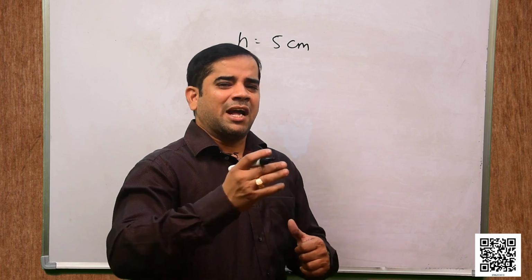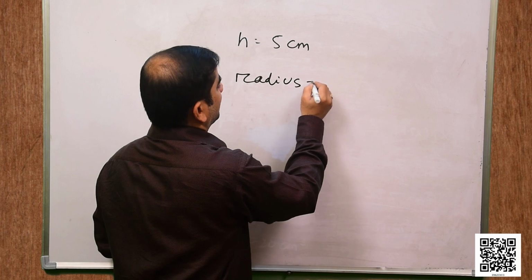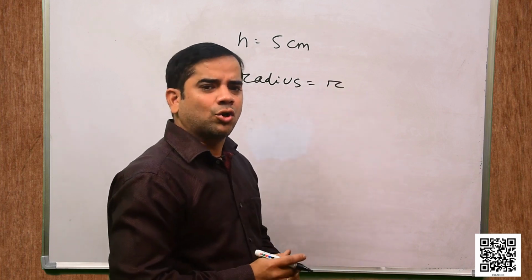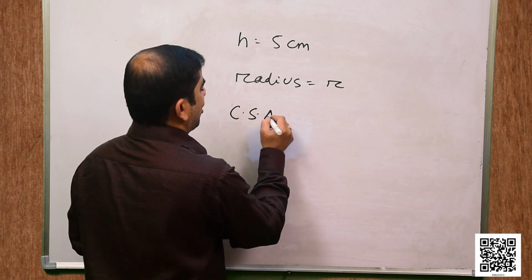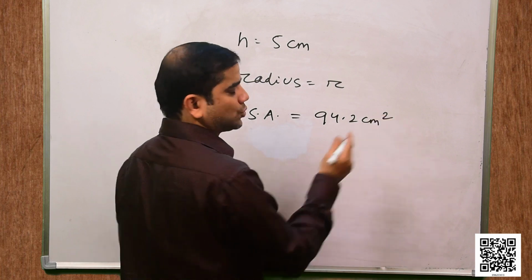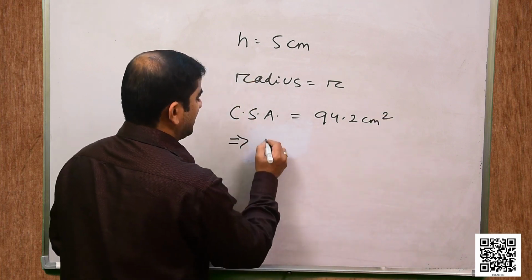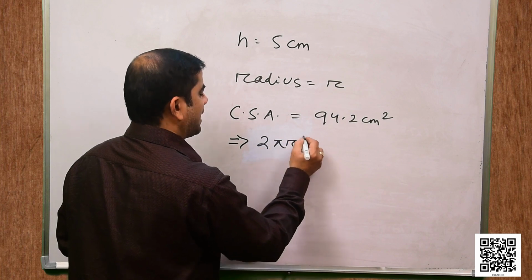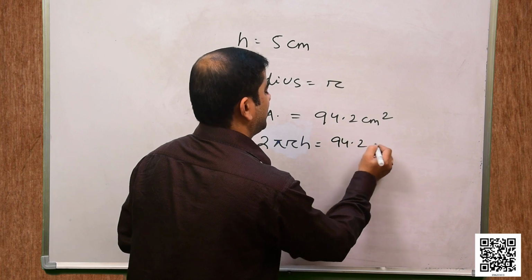So let us assume that radius is equal to R. Fine. So, curved surface area of the cylinder is given as 94.2 centimeter square. Hence, 2 pi RH is equal to 94.2 centimeter square.